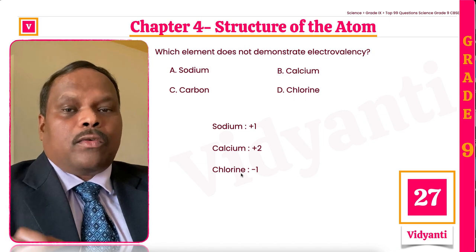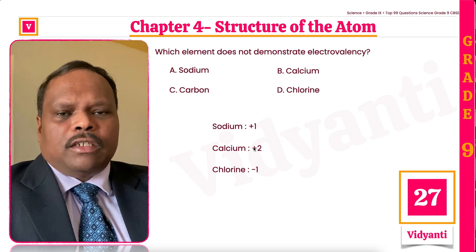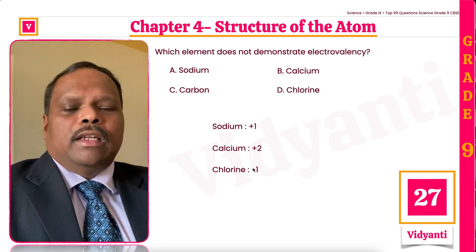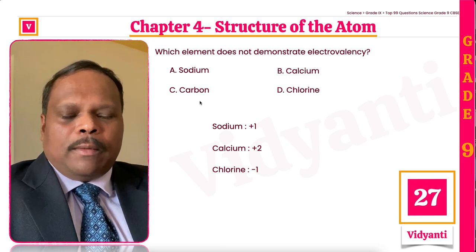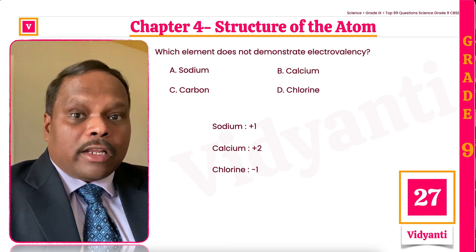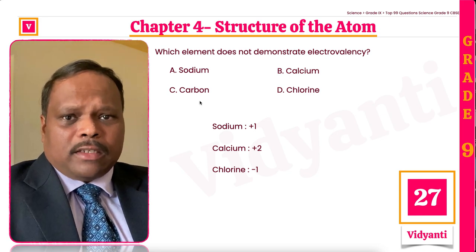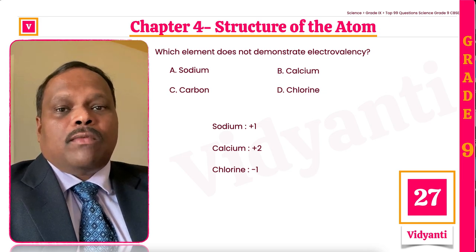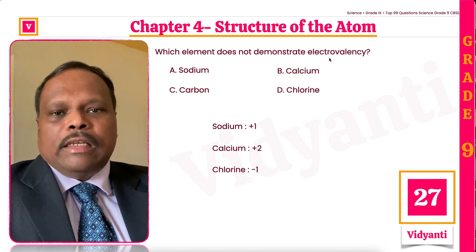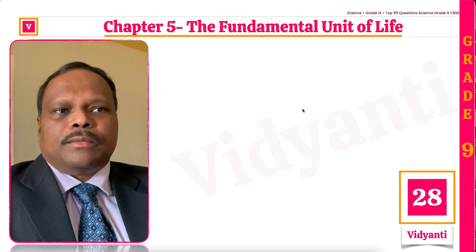These are electrovalencies. Plus indicates that they lose electrons and acquire a positive charge, and minus means they gain electrons and acquire a negative charge. As opposed to that, carbon, theoretically, can lose 4 electrons or gain 4 electrons, but that doesn't happen. It rather shares electrons, thereby forming covalent bonds, and that's the reason it does not demonstrate electrovalency like the others. So that will be your answer.